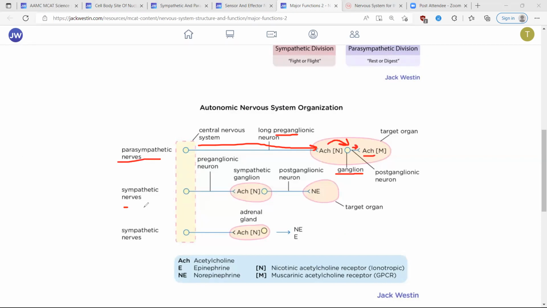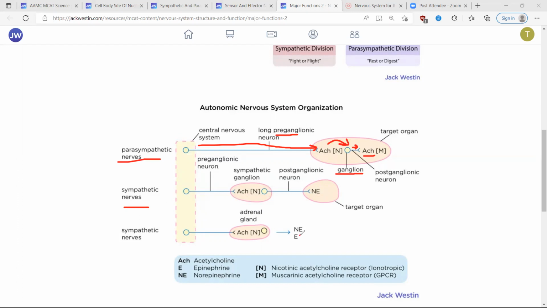The sympathetic nerves are a little bit different. What's different? Well, the preganglionic neuron is not long. What's happening here is we are releasing acetylcholine, but then we release norepinephrine, not acetylcholine again, specifically on the adrenal gland.